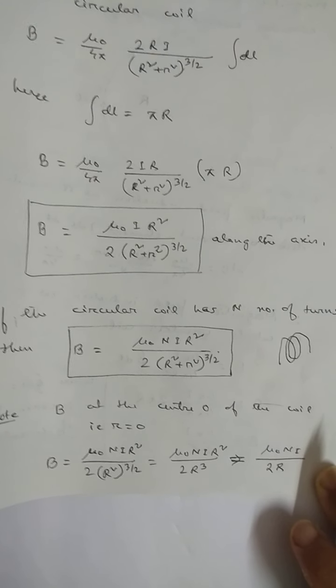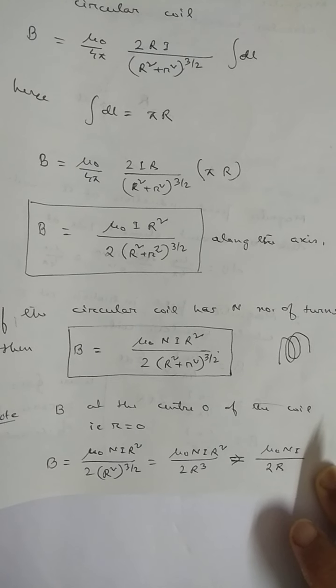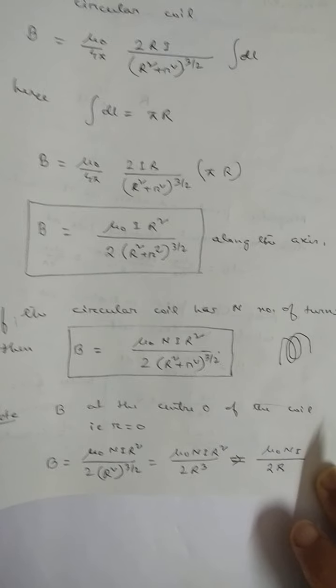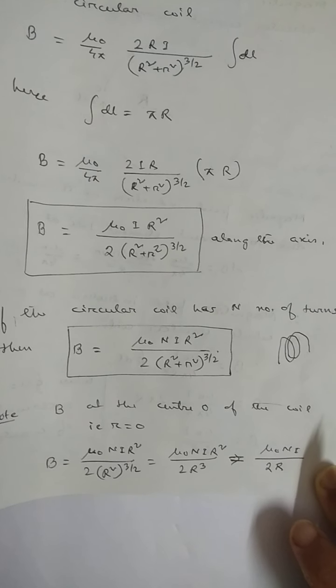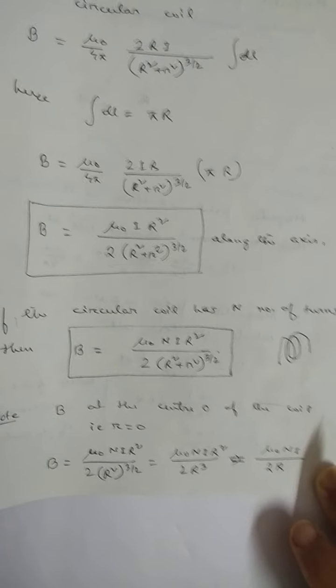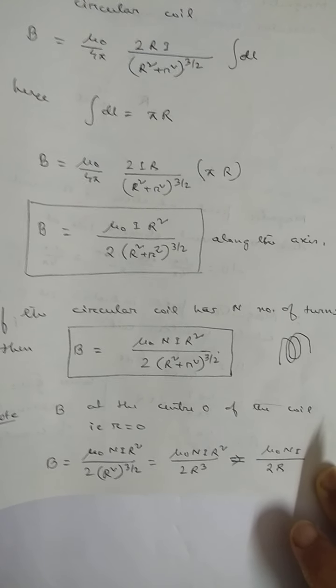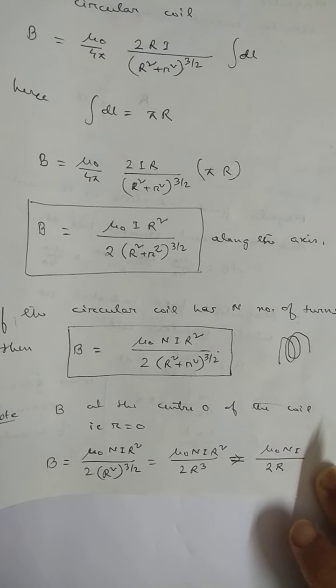The question will come like this. Using the Biot-Savart law, find the value of magnetic field induction at an axial point of a circular current carrying coil, and hence also find the value of magnetic field induction at the center of the circular coil.